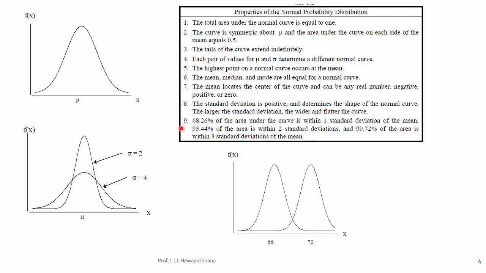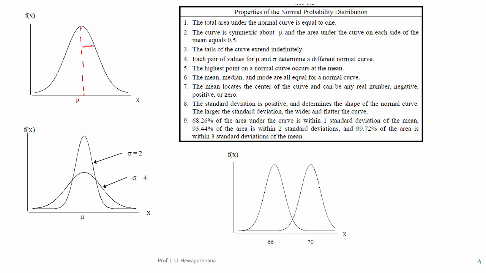68.26% of the area under the curve is within one standard deviation of the mean. So if you look at this curve, if I mark, this is where mu stands. 68.26% lies within one standard deviation of the mean.